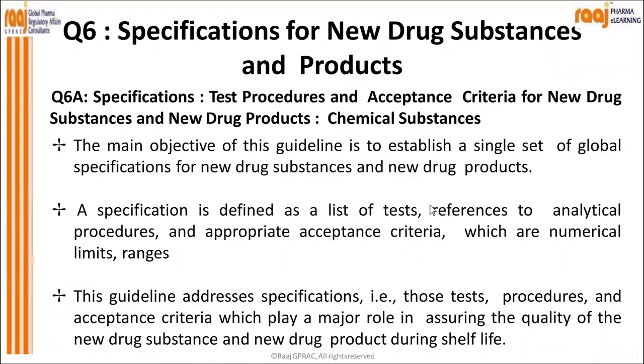Q6, specifications for new drug substance and drug product. All the test procedures and specifications have acceptance criteria, correct? Without acceptance criteria, you cannot test. Suppose I give one example of DT. It should disintegrate within 5 minutes or 10 minutes.